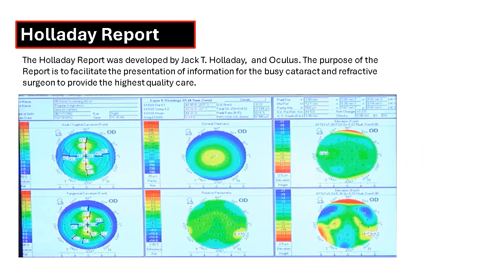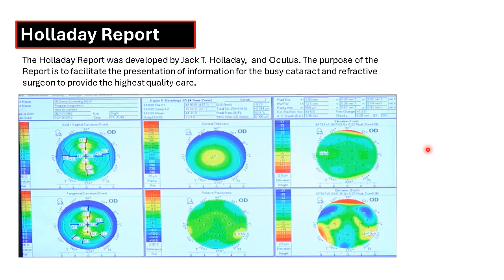The Holladay report is a very important report in the Pentacam printout that was invented by Jack Holladay along with the Oculus company. And this report contains the most important information as far as any refractive surgery or before cataract surgery and the planning for premium IOL implantation.